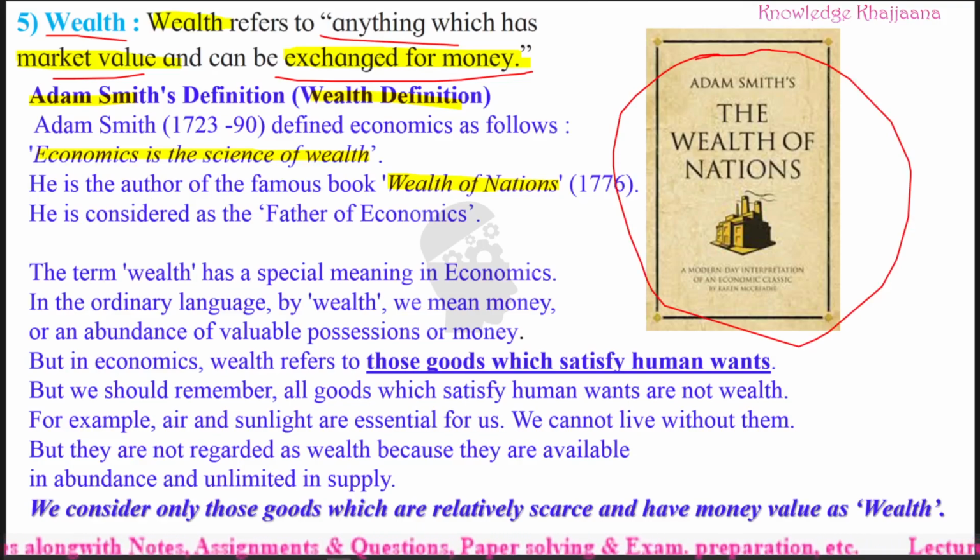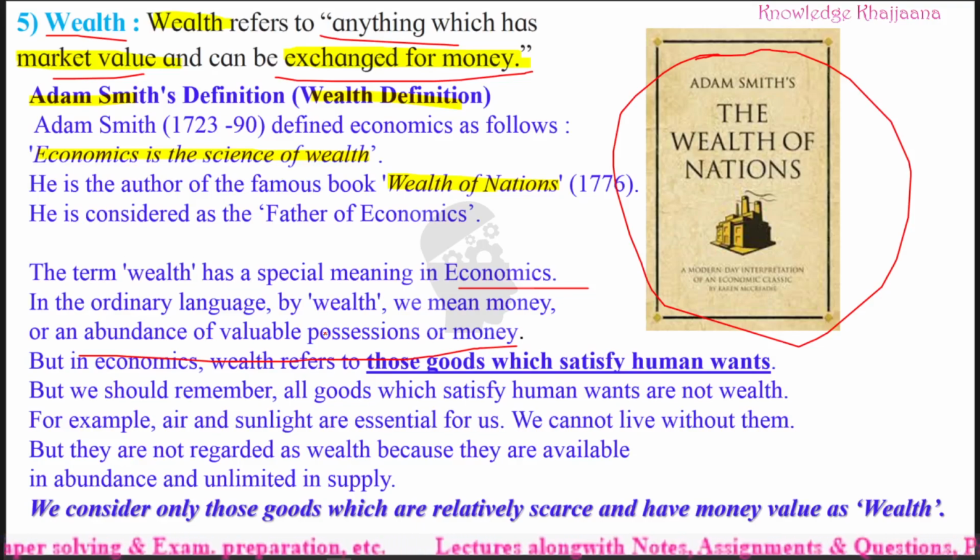Now see, according to Adam Smith, the term wealth has a special meaning in economics. In the ordinary language, in the regular language, in general science, what do you mean by wealth? By wealth we mean money or an abundance of valuable possessions. Okay, if you think of wealth, what will come to your mind?